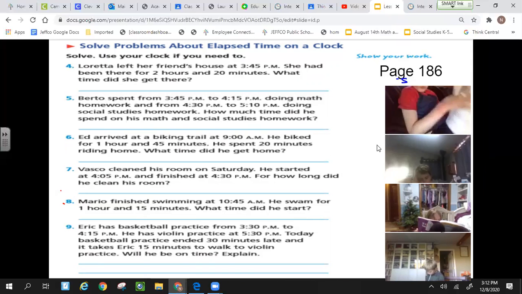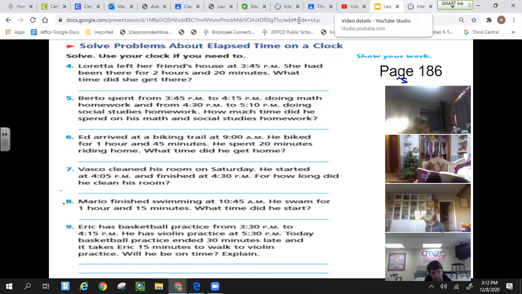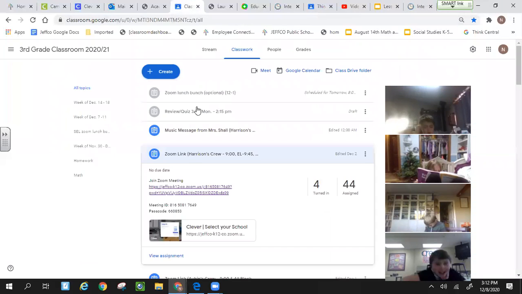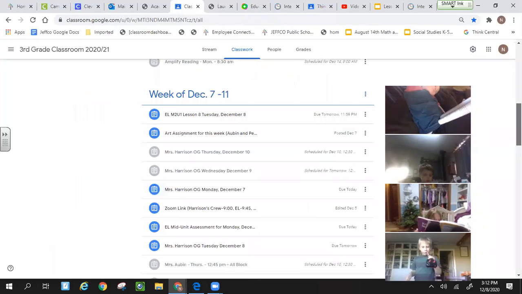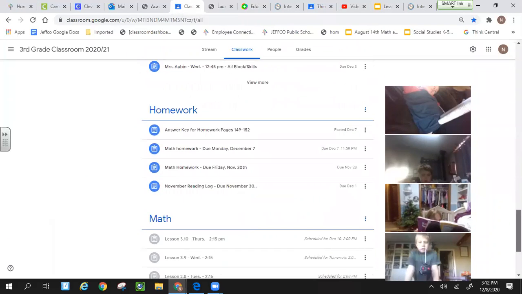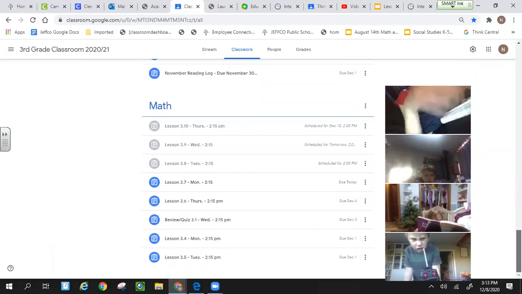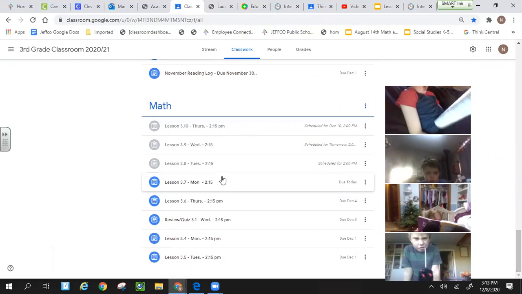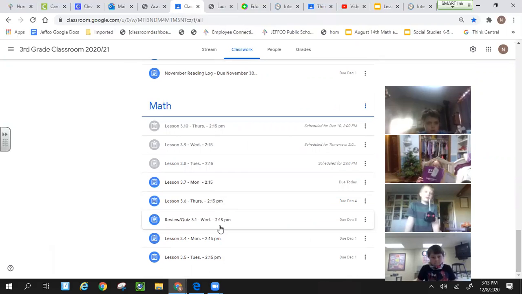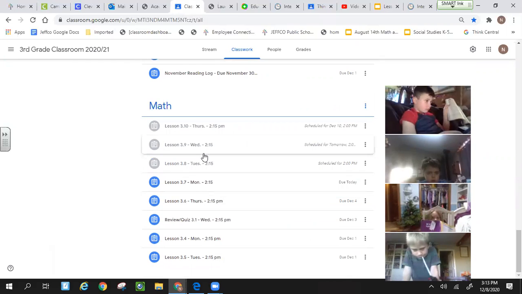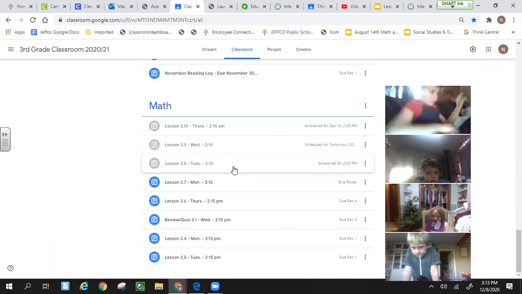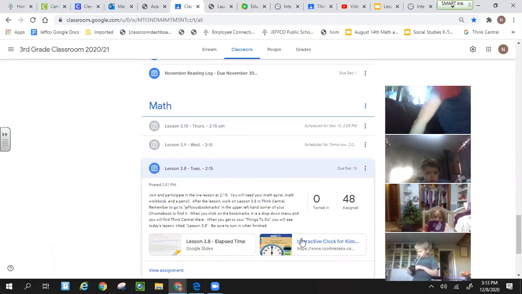If you want to go to the interactive clock, remember it is on our math assignment under math. I'm going to show you where that is again. You can use this when you're doing Think Central as well. So today is Tuesday. We're on lesson 3.8.